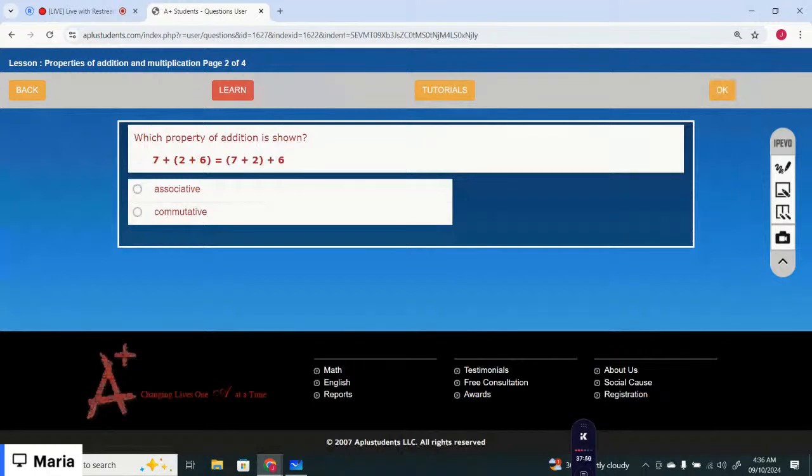Which property of addition is shown? Which property is it, commutative or associative?